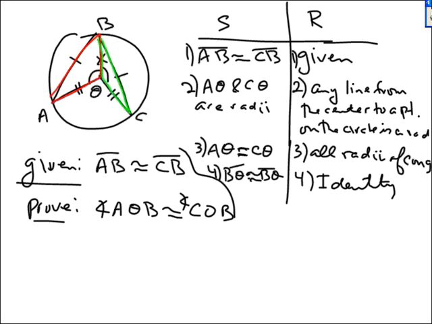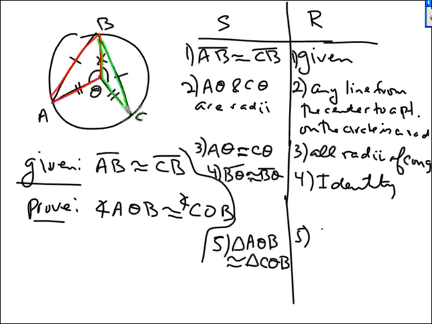The red triangle has 3 sides: one with 1 slash, one with 2 slashes, and a side that has an X. The green triangle has a side with 1 slash, a side with 2 slashes, and a side with an X. They're congruent by SSS. Triangle AOB is congruent to triangle COB. And the reason is side, side, side is congruent to side, side, side.